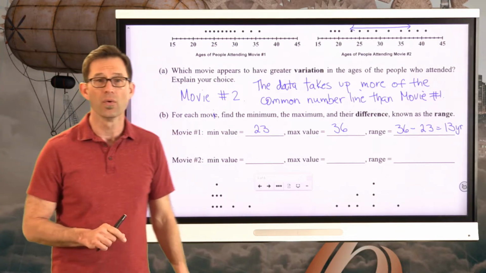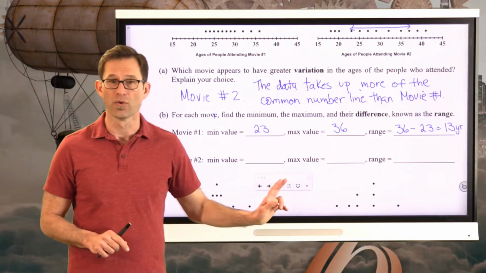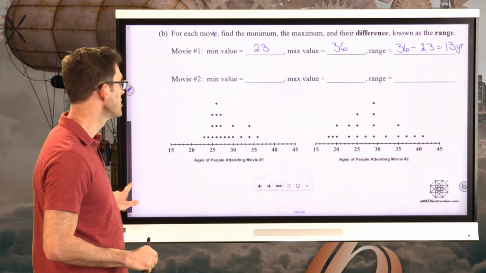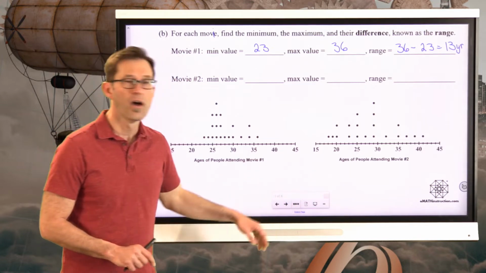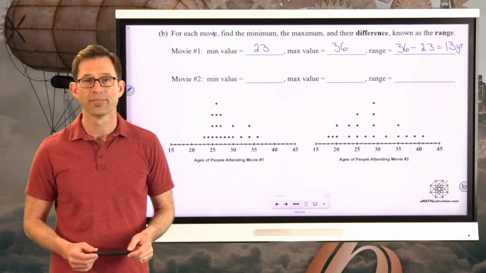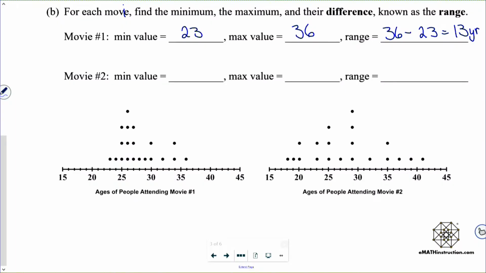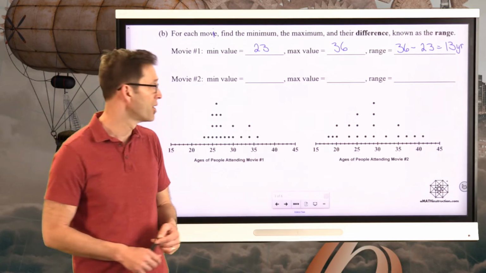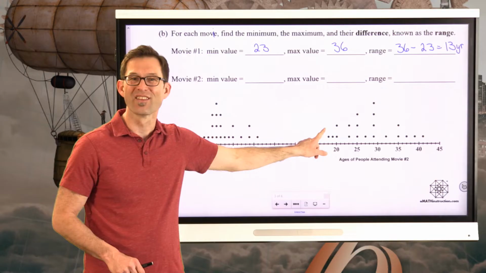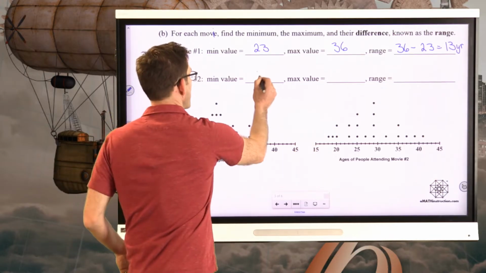Now what I'd like you to do is do the same for movie 2, all right? Let me actually bring this up here so that we can see those dot plots again. Find the minimum, the maximum, and the range for that data set. All right, simple enough to find the minimum and the maximum. The minimum, the dot that's farthest to the left, is 18.